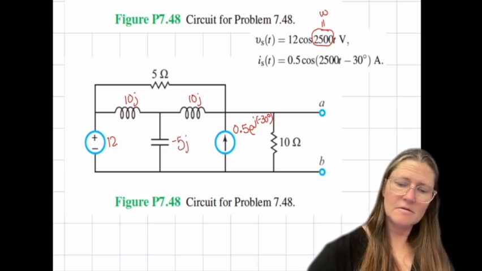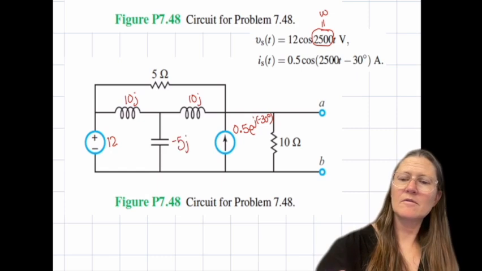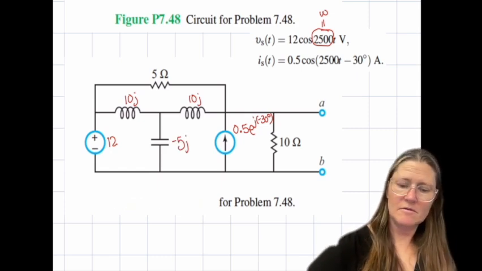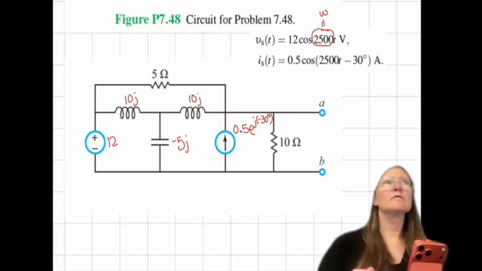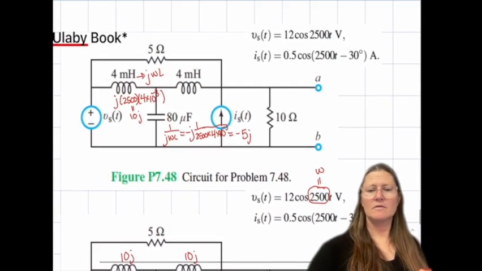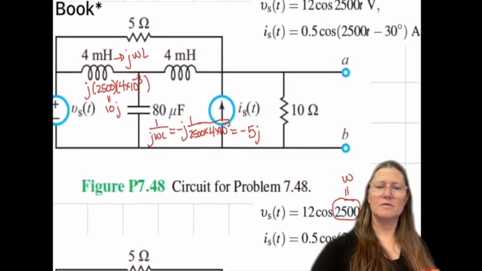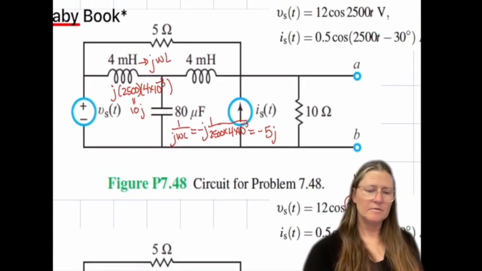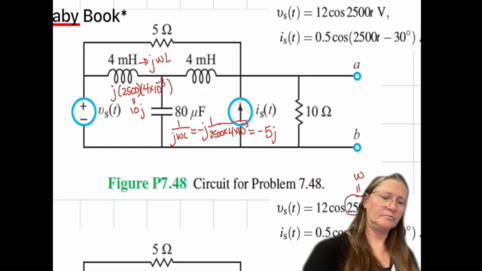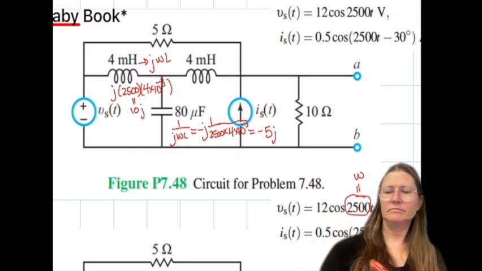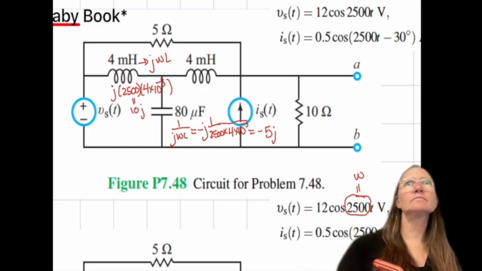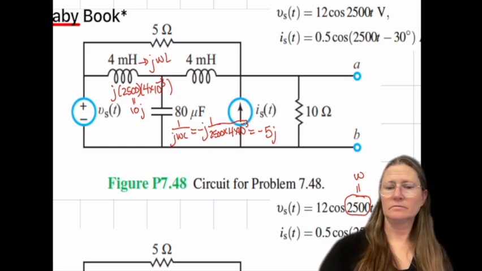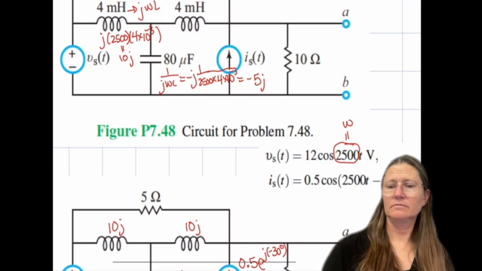Yeah, 1 over jwC. It's 25. j over wC. It's 4 over.